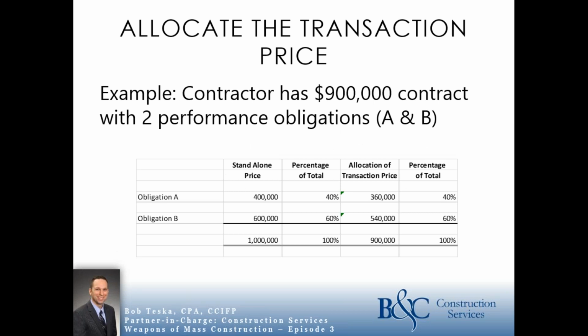So an example of allocating it based on standalone selling prices. So if you end up with a contract that's $900,000 and it has two performance obligations, obligation A and B, like I said, it could be the pool and the track, but it's one contract with two performance obligations, you would look at it on a standalone basis first. You'd say, all right, if I was doing obligation A only, that would probably be $400,000, and if I was doing obligation B only, that would be $600,000.